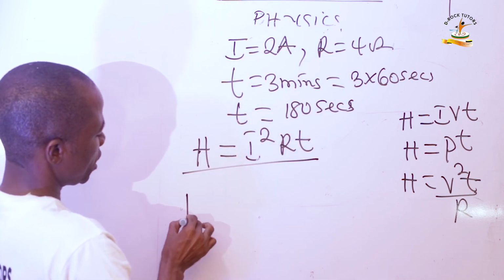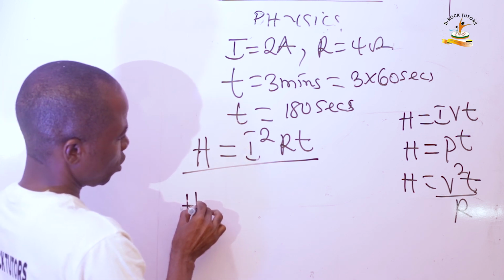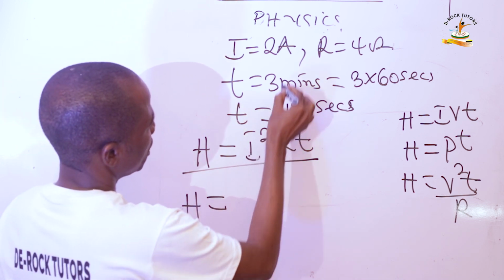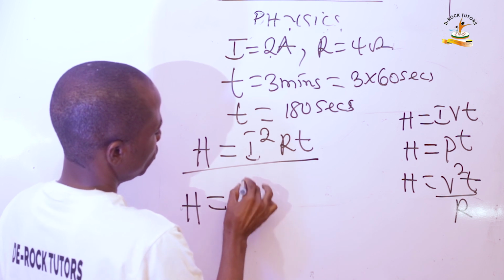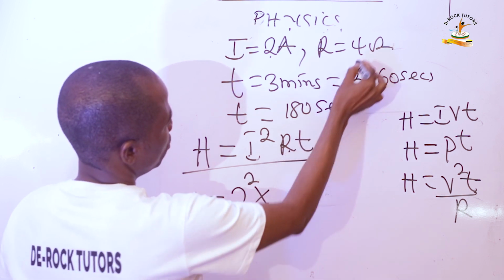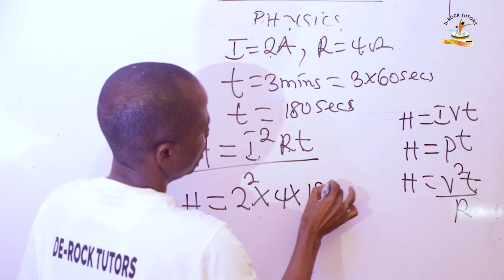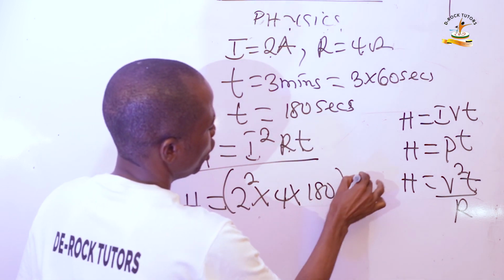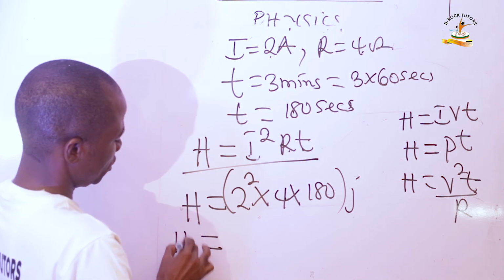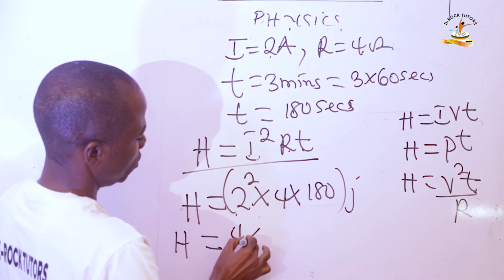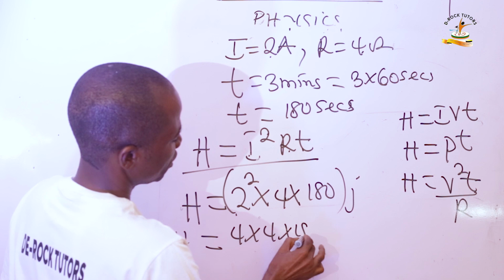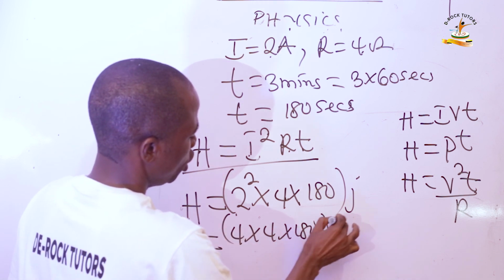So if you substitute here, the heat dissipated or lost will now be I squared, that is 2 squared, times R, that's 4, times time, that's 180. Remember, everything in joule.